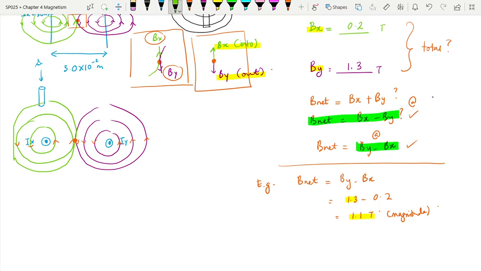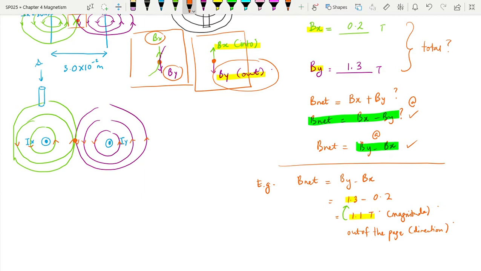Jadi, jawapannya untuk 1.1 Tesla ni, kita akan ikut direction bagi BY. Okay, which is out of the page. Okay, so direction dia adalah out of the page. Itu adalah direction bagi 1.1 Tesla lah. Refer kepada B net. Okay, so itu sahaja.